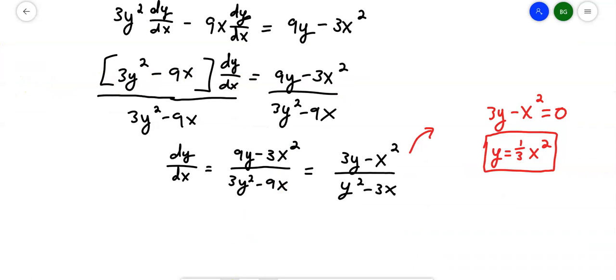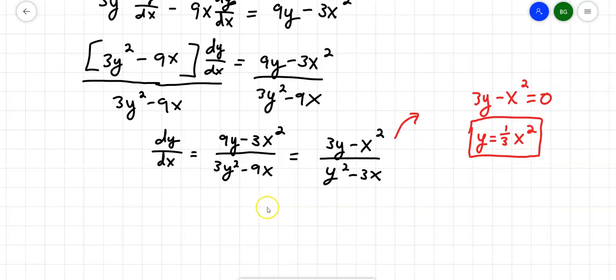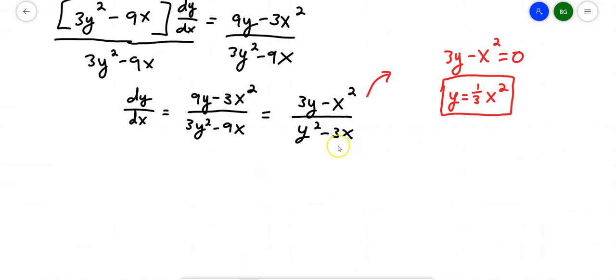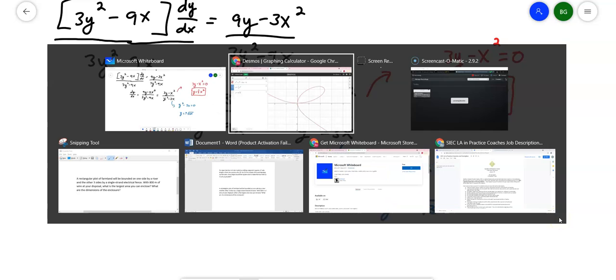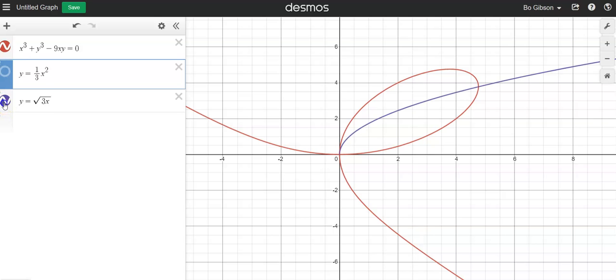And we can also find where the rate of change is undefined. When do we have a vertical tangent line? Well, let's just set the denominator equal to 0. y squared minus 3x equals 0. And so y is going to be plus or minus the square root of 3x, and I'll just plot one of those curves so we can look at it. So let's do the positive version.